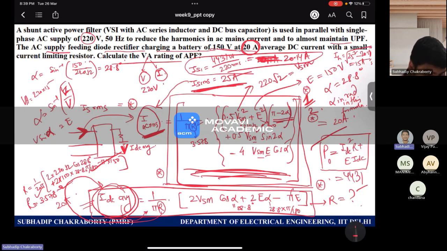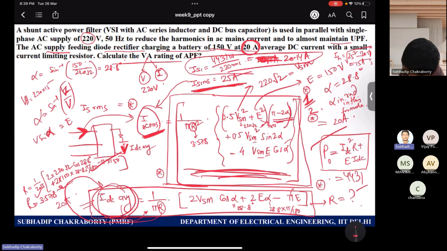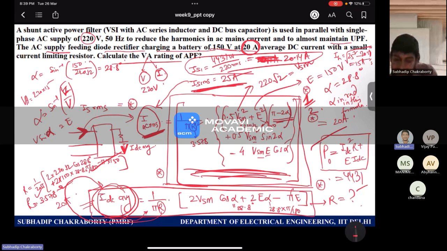So fundamental current is what you are getting, around 20 amps, right? And net current, okay, it is correct.